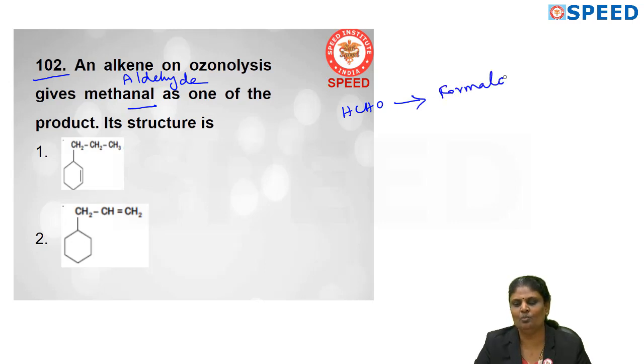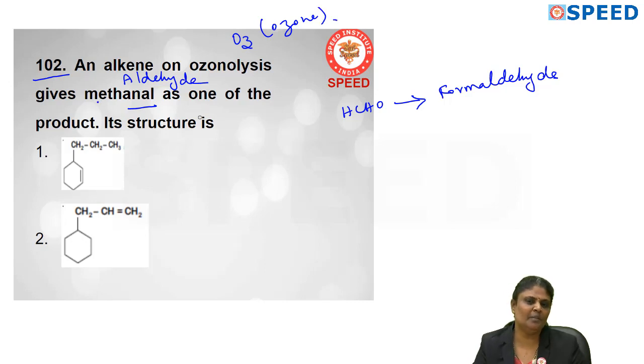It has only 1 carbon atom as one of the products. So you have to choose one alkene such that on ozonolysis, that is addition of O3, ozone, your major product will be methanal.